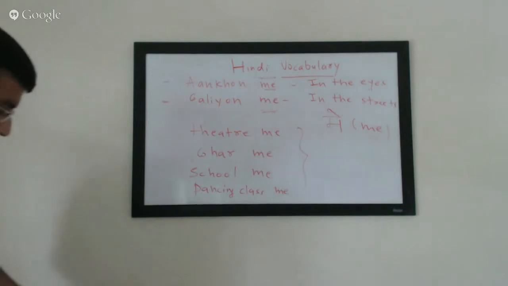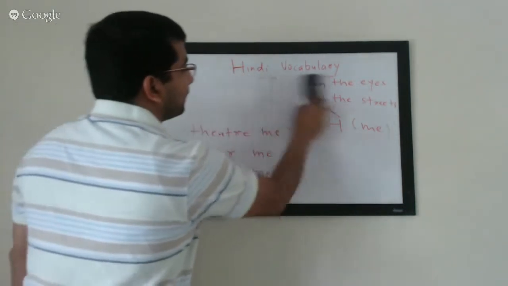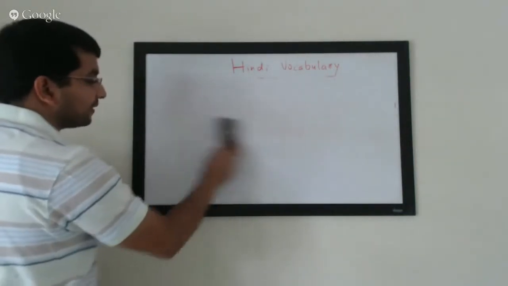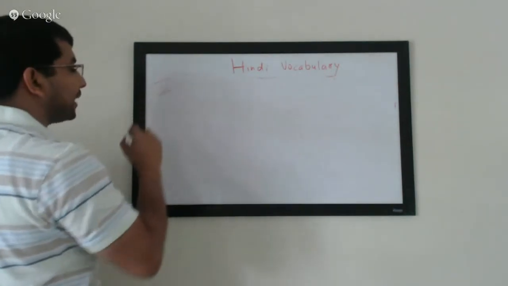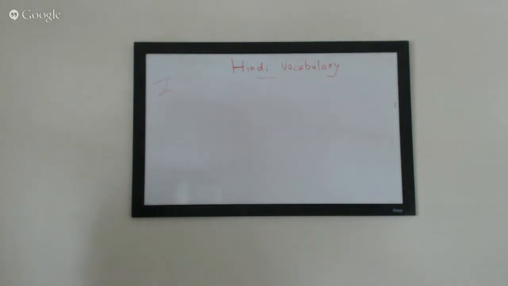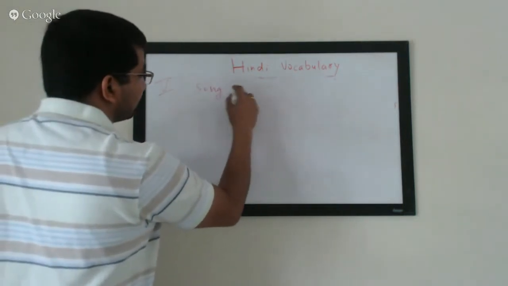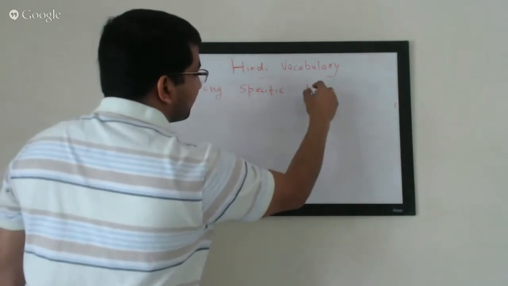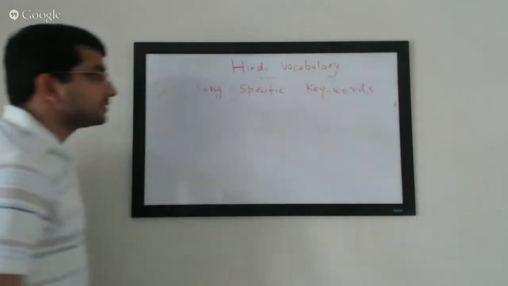Okay, there's a last section which I want to do before we wrap up this class. It is section number 5, and that is again song specific. So far you've done 3 sections related with vocabulary, 4 section related with song specific post position, and the fifth one is also song specific keywords.